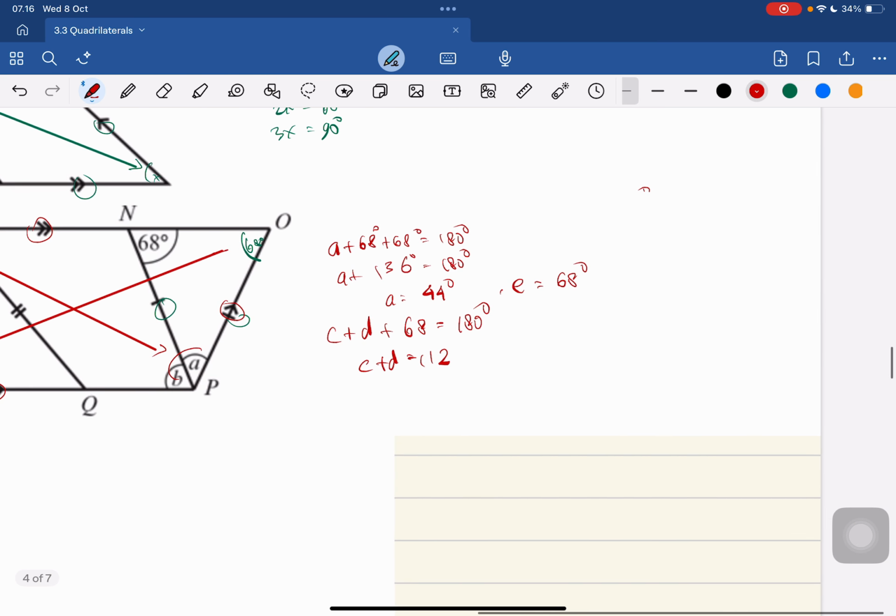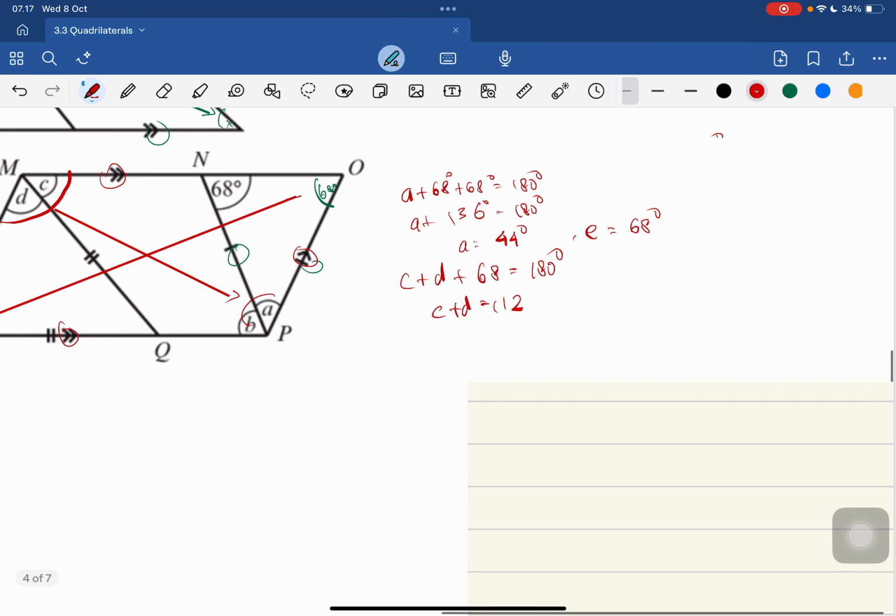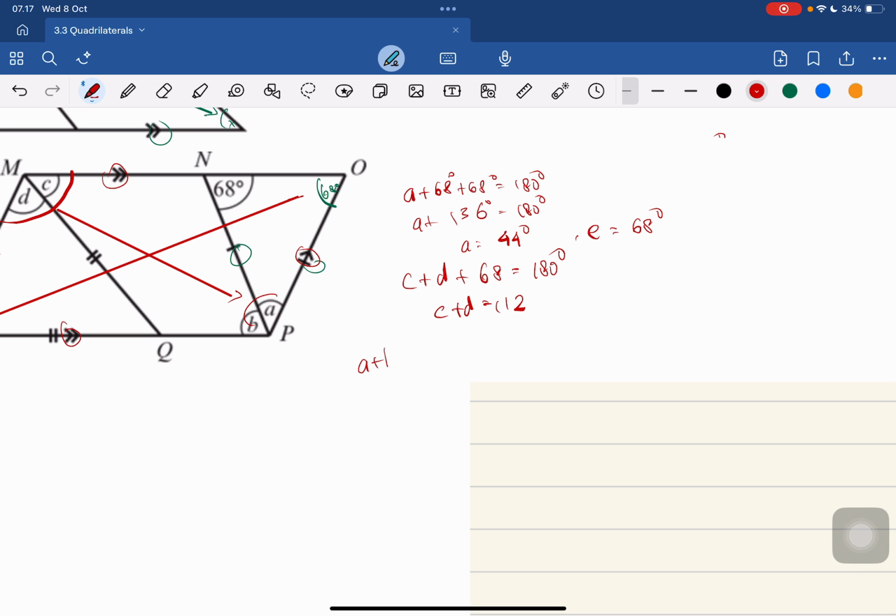So AB, how can we write? Okay, here. A plus B equals 112 degrees. If A equals 44, as we got, 44 plus B equals 112. So B is equal to 112 minus 44, which is 68 degrees.